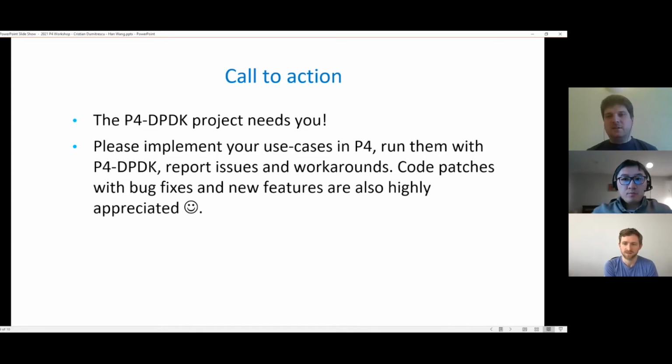I guess you have to clone the two repos, right? The P4C GitHub repo and the latest DPDK repo. Then you simply take an example from there and try to run that example, or you might want to code your own application. You might have a P4 file yourself. What you need to do is basically a two-step process.